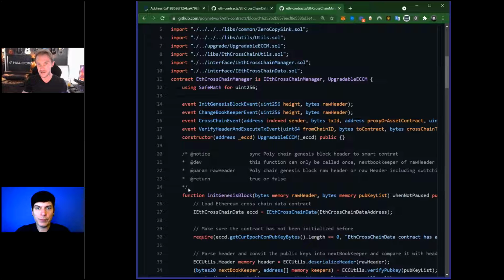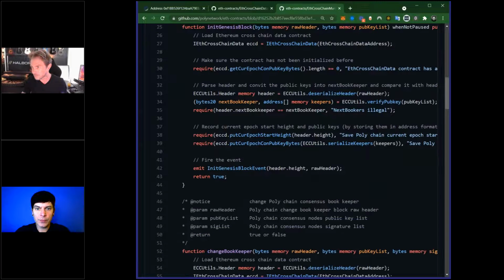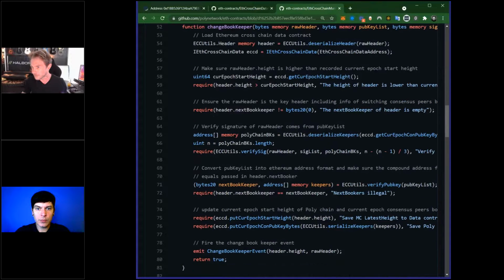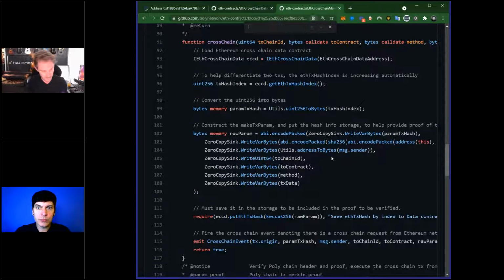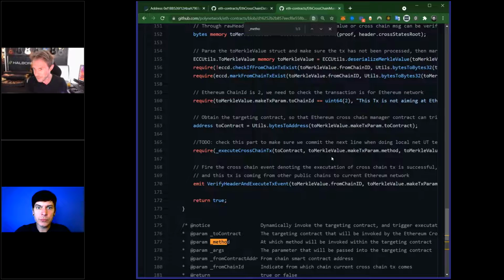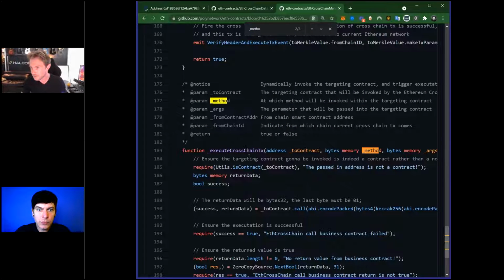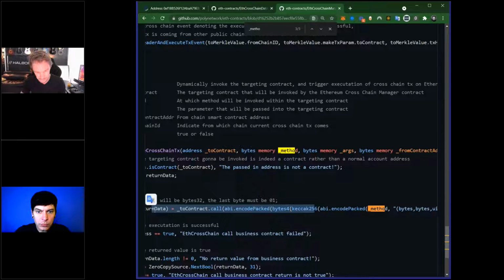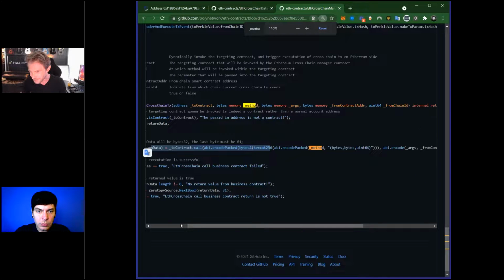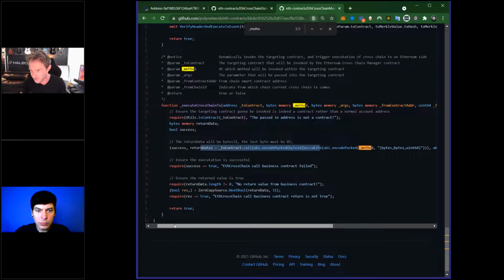This verifyHeaderAndExecuteTx, go down and look at it, you'll find there is a specific method right here. So executeCrossChainTx. Yeah, so there's a method. This is the magic function that caused the vulnerability from this manager here.